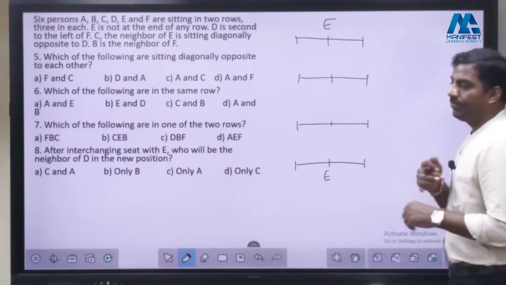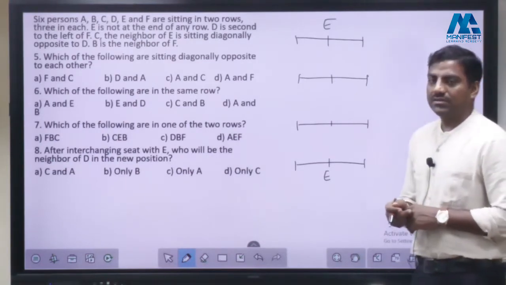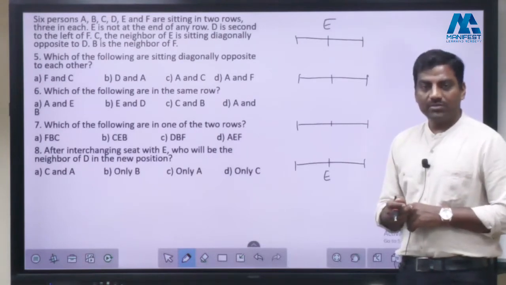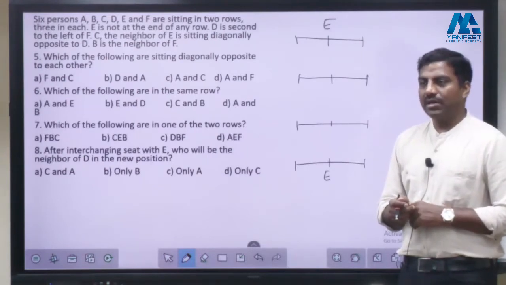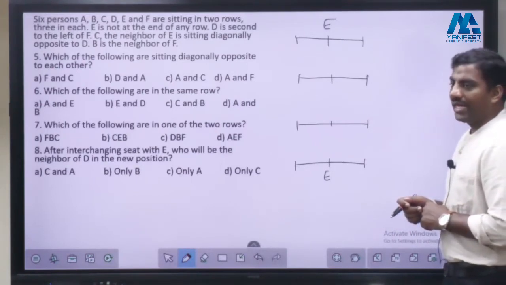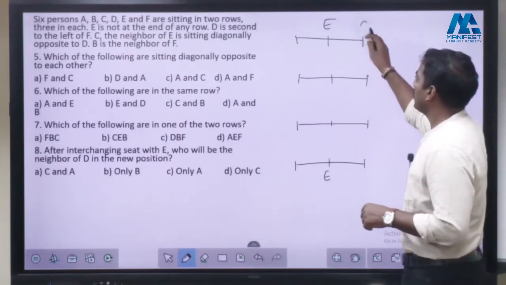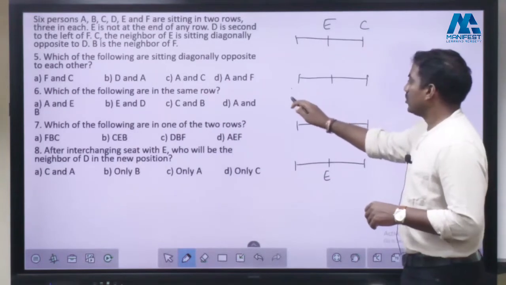Now, C, the neighbor of E. What does it mean? C is also sitting at one extreme. C, the neighbor of E, is sitting diagonally opposite of D. So if I take C here, D should come here.